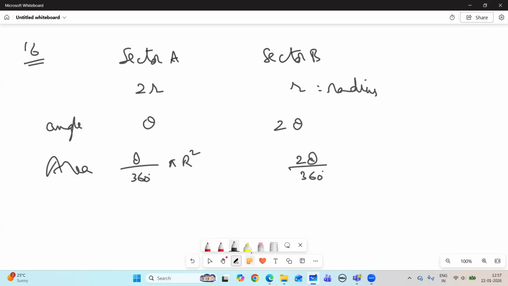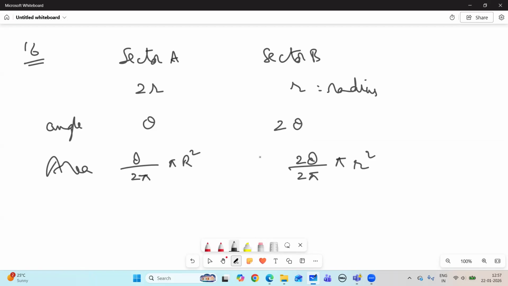For 360 degrees I can take 2 pi, into pi times the small r square.